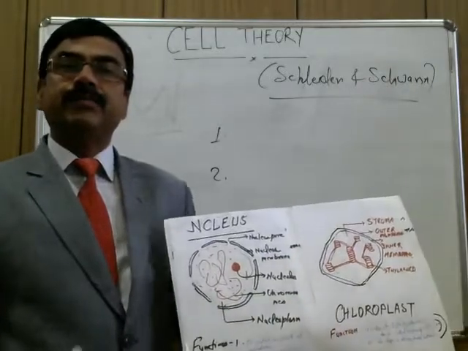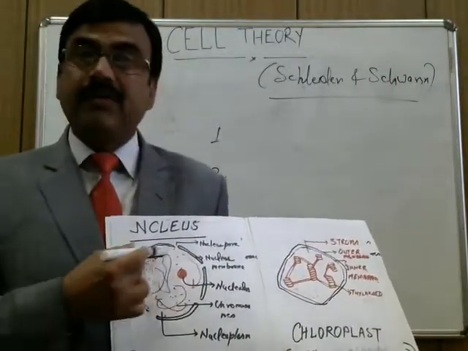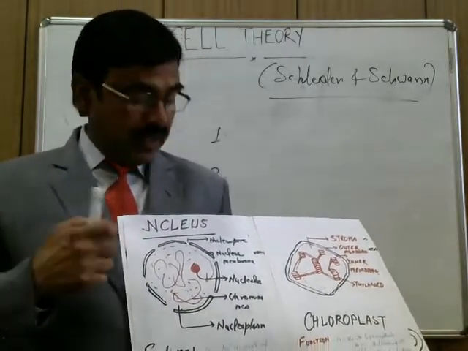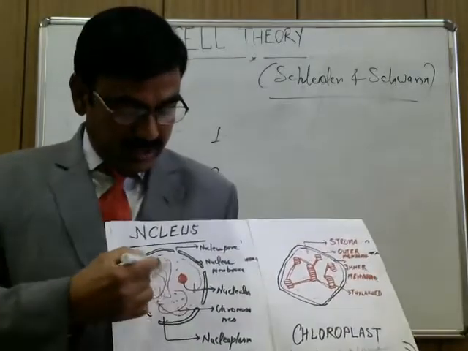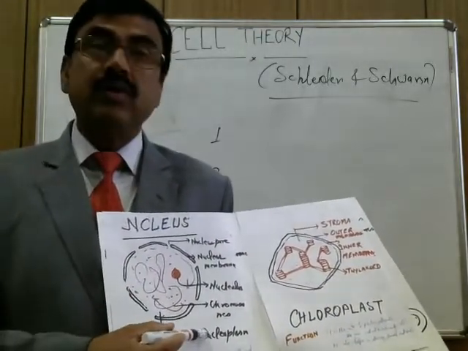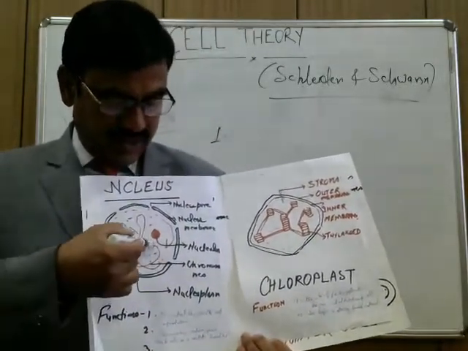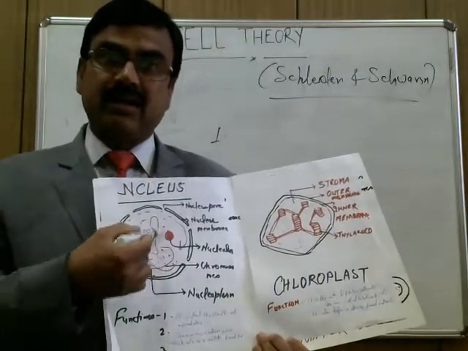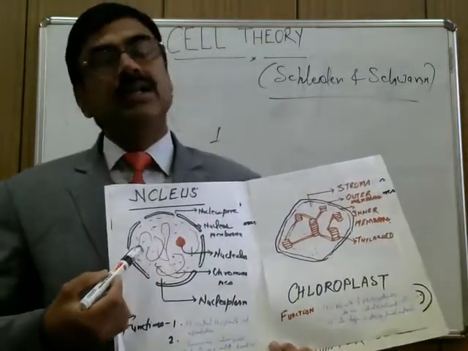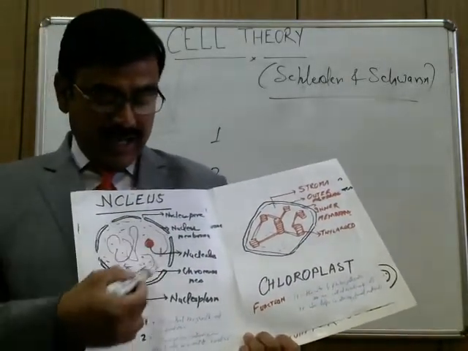Look at this. The nuclear membrane is covering the nucleus, and the nucleus contains a liquid, a fluid that is called nucleoplasm. Look at this, nucleoplasm. The entire fluid is called the matrix, or you can call it nucleoplasm.